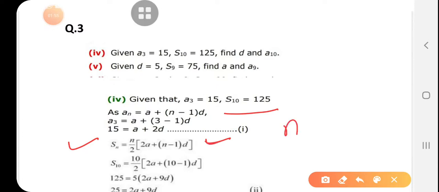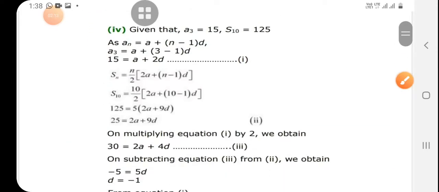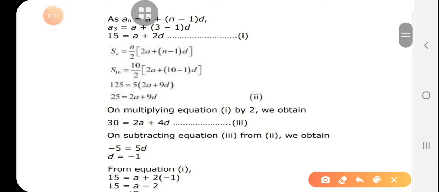Here we put the value of n as 10, so we get S10 equal to 10 by 2 into 2a plus 10 minus 1 into d. Here we cancel out 10 and 2, that is 5. So I have written here 5, and the value of S10, that is 125, which is given, we put here, and 2a plus 10 minus 1, that is 9, into d.